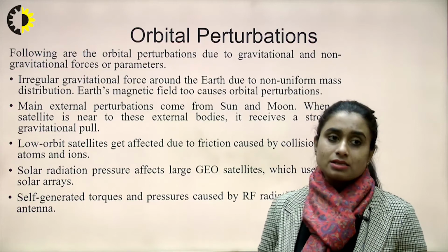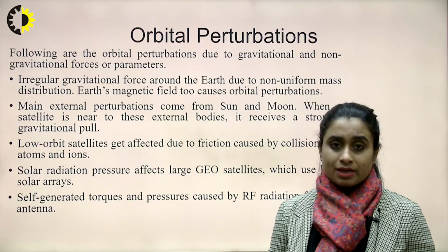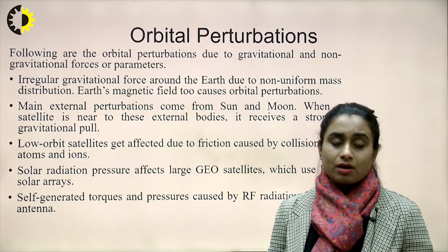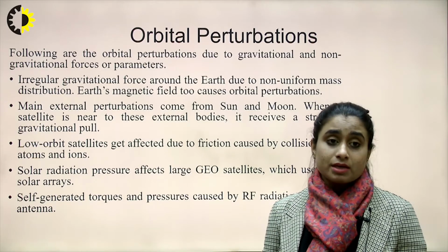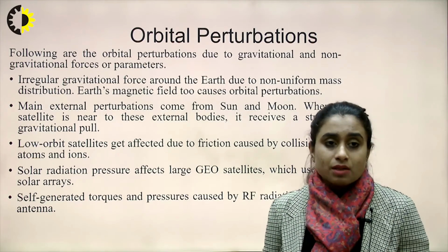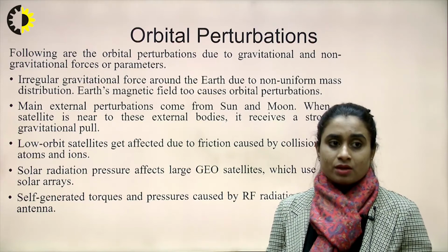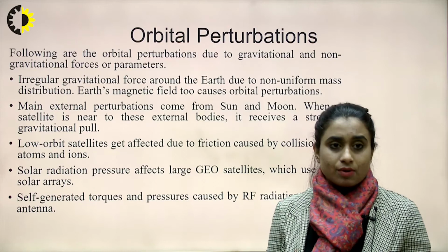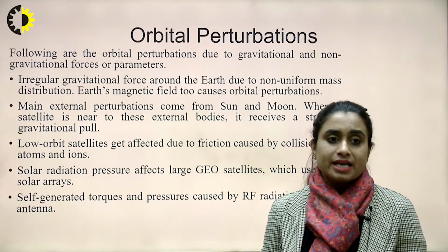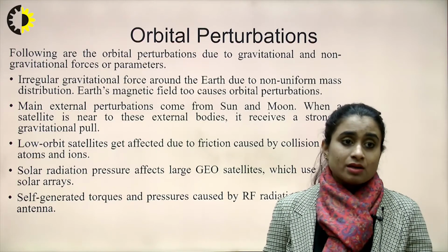The next thing is there are solar radiation pressures also, right? And solar radiation pressures are more dominant and more visible on GEO satellite orbits, right? So at that height there is more amount of solar radiation pressure, because GEO satellites use large solar arrays, right?